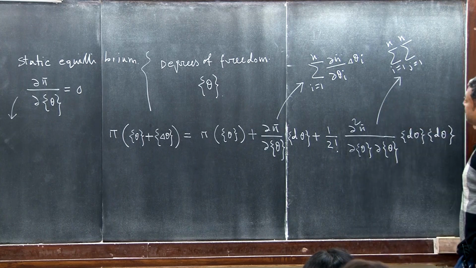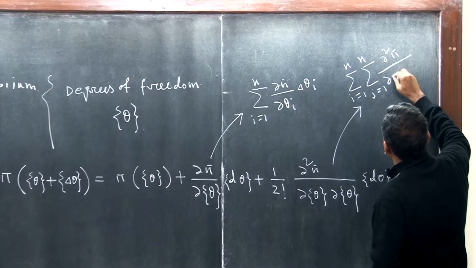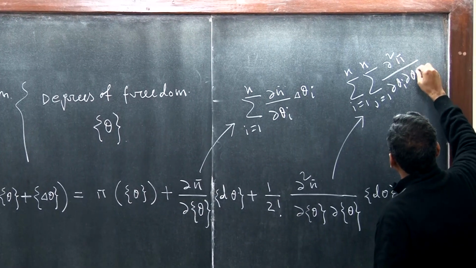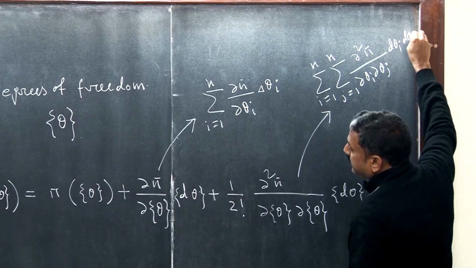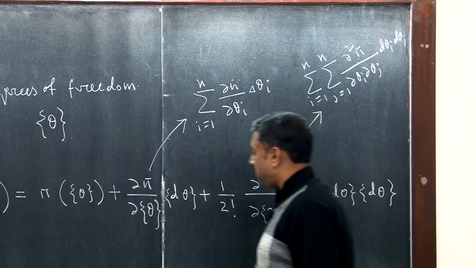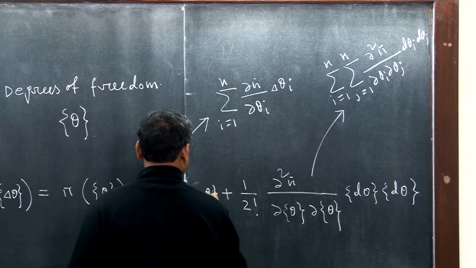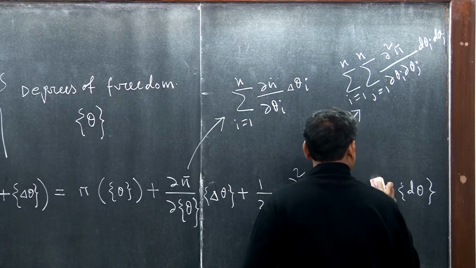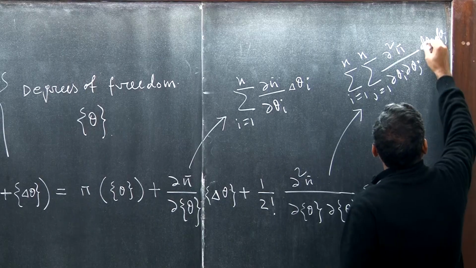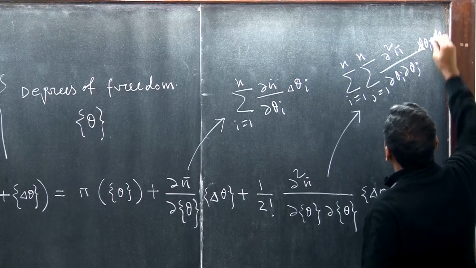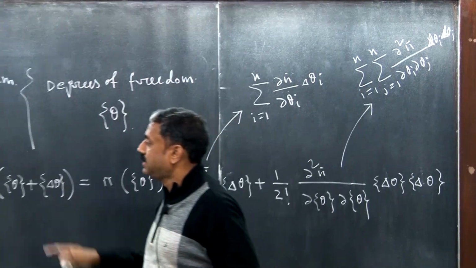I am considering n degrees of freedom, so del 2 pi del theta i del theta j delta theta i delta theta j, where instead of d theta you write delta theta.